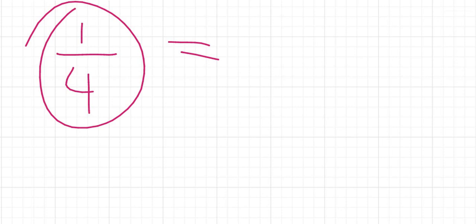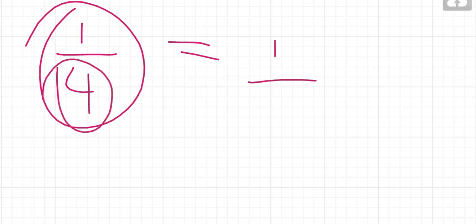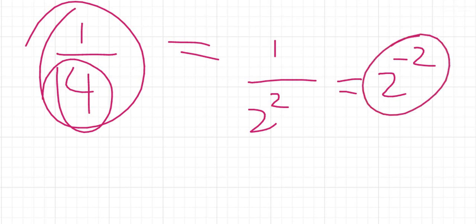So I would just have my 1 and change this to exponent form. And if I write this in where it is coming from originally, then I will have 2 raised to negative 2. And if I look at this, it will give me back this and goes back to that. So you can always move from one point to the next point, and it brings it back to the same place.